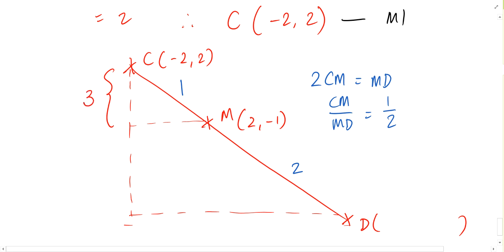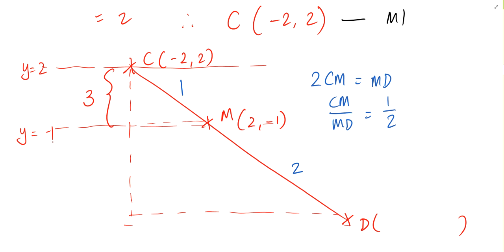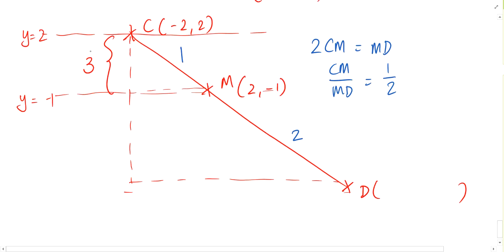Who doesn't know why it is 3? Let's look at the y coordinate. Here we have the y coordinate of C and here we have the y coordinate of M. So the distance between them will be 3. Let's continue talking about the height. So if over here we've got 3 units, this is 3 units. Can you tell me what this will be? 6 units. Yes, you're right. So from negative 1, we go down by 6 units. What will we get? Negative 7. So the y coordinate is negative 7.